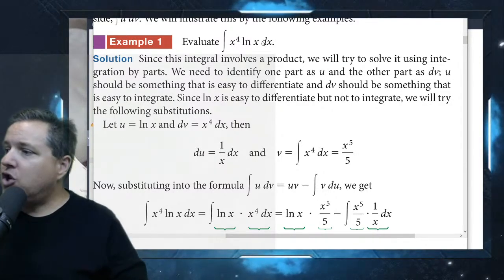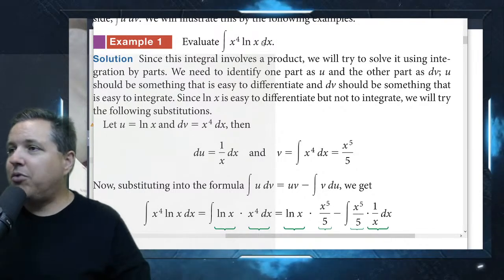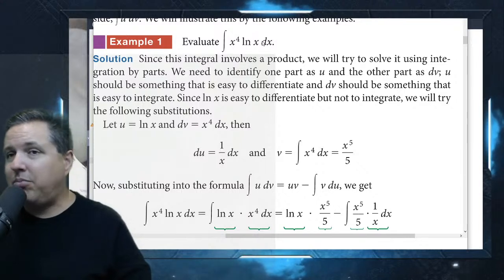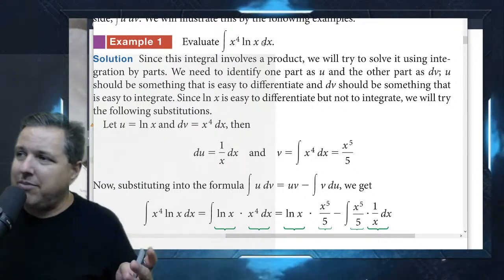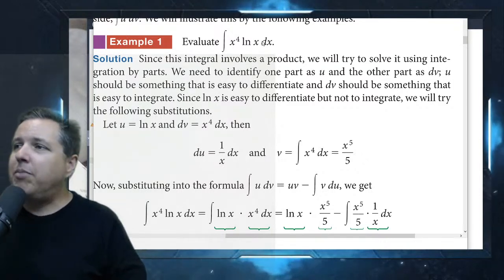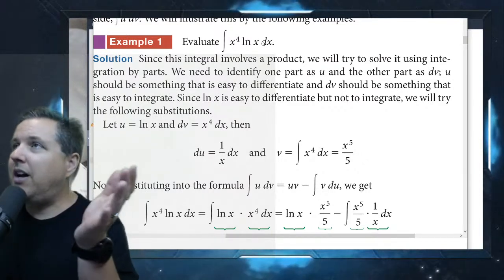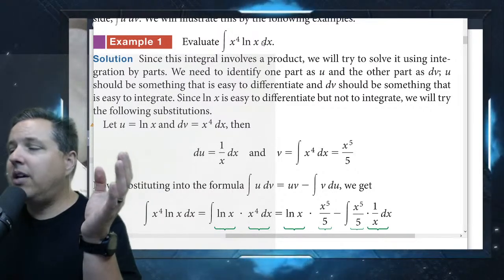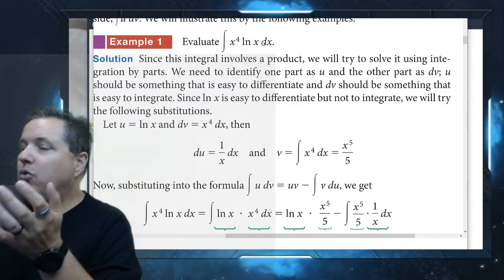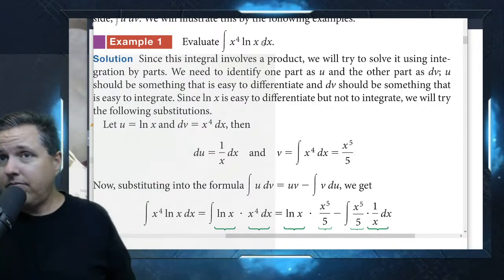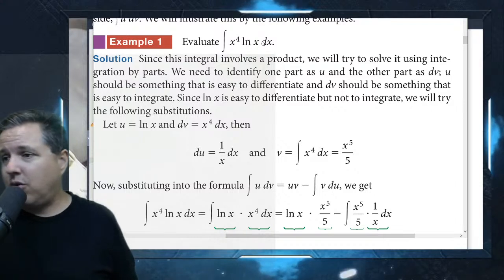That choice is going to make the problem either hard or easy, sometimes impossible or easy. I'm not saying they're all going to be super easy, but it'll change it into something that should be doable, that you can work through. But if you make the wrong choice of u and dv, it isn't going to work.